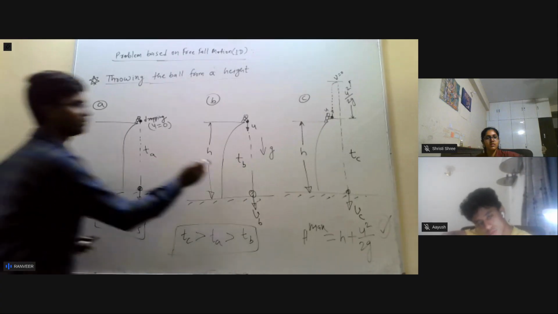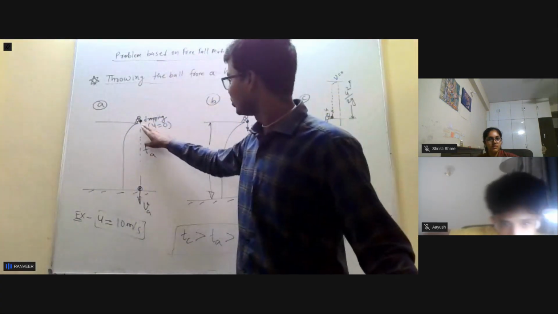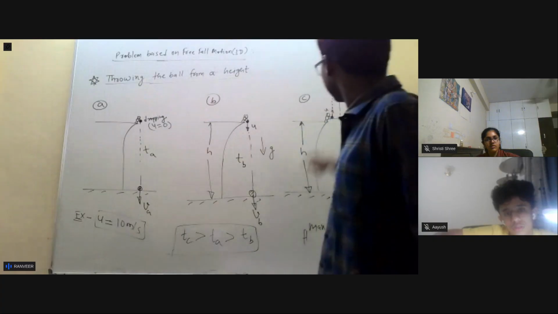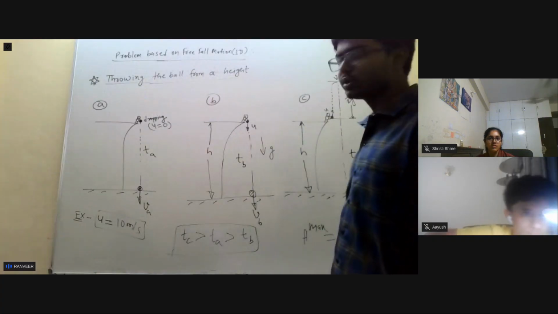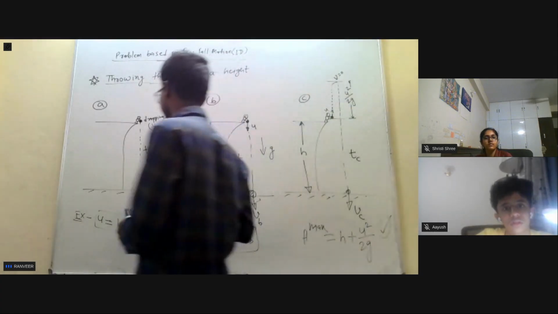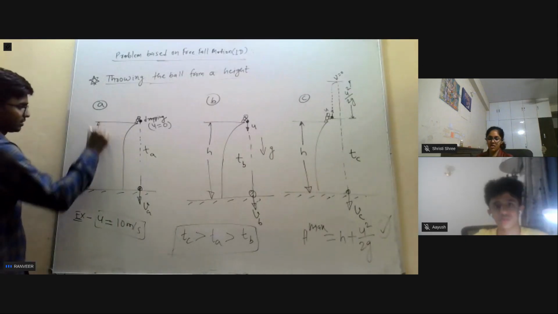Can you solve the time for all the three cases? Here there is no U, obviously U is 0. In this case, U equal to 10 meter per second, and in this case also U equal to 10 meter per second. And the height given is the same for all the cases.